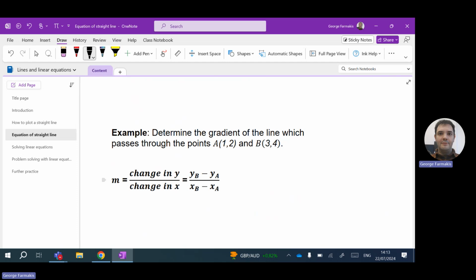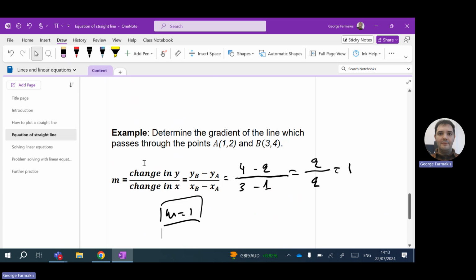So we just need to substitute the coordinates of the points to calculate the gradient. Let's do the numerator. So yb, this is 4, minus ya, so minus 2, over xb, so this is 3, minus xa, this is 1, and then it's just a matter of calculation, so 2 over 2, so this is equal to 1. So the gradient in this case is equal to 1.